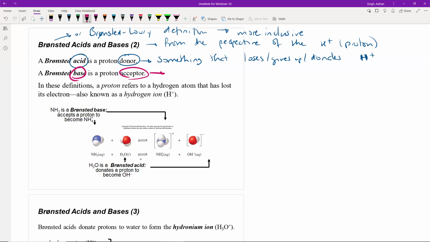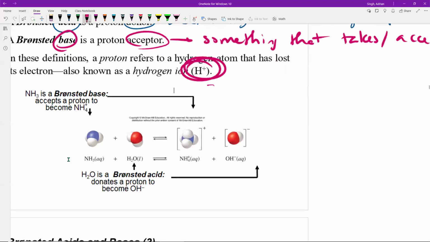So a Bronsted base is a proton acceptor, something that takes, accepts one or more protons, one or more H pluses. Okay. So again, the proton is nothing more than a hydrogen ion, an H plus species. So for instance, in this example, we can look down here at ammonia, NH3, and H2O, right? When this reaction happens between these two, the water, the H2O, actually loses an H plus.